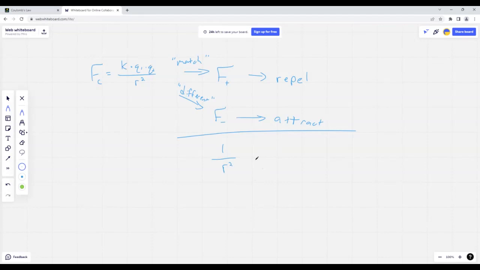So if I had a smaller separation, so a smaller R, then that's going to give me a bigger answer, bigger force. And then if I had a larger R, then obviously that's going to do the opposite, and that's going to give me a smaller force.